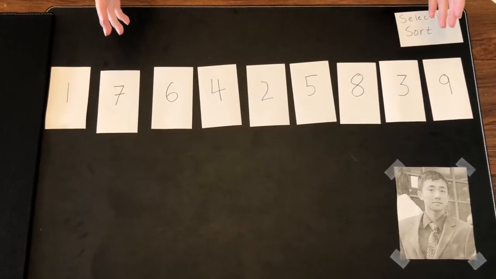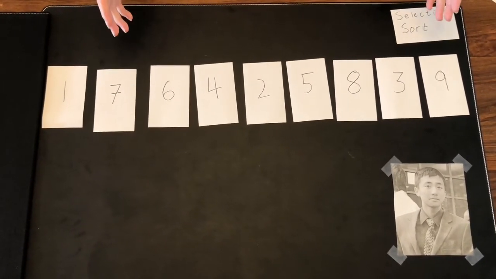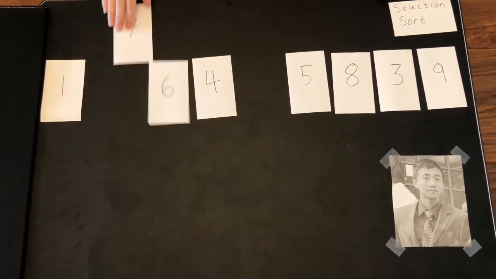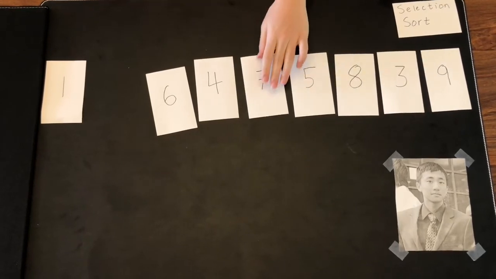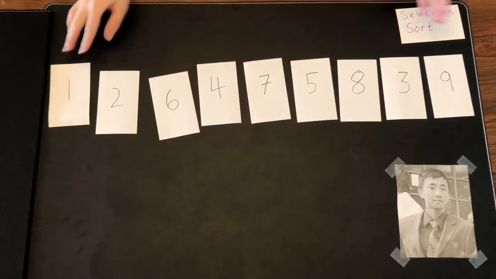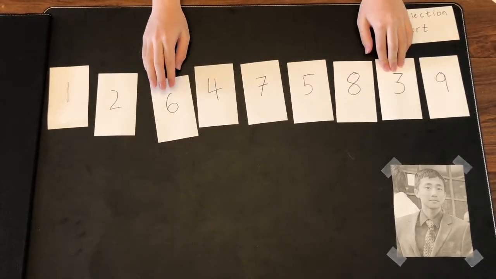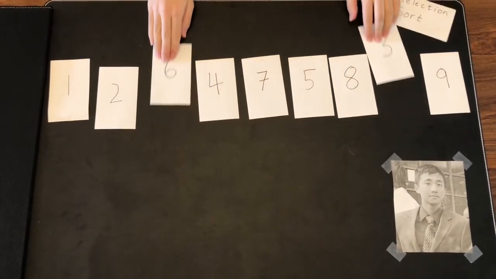So in this case, the minimum element in the unsorted sublist is 2, and we swap it with the leftmost element. So now this becomes sorted, and this is unsorted. Again, we swap the minimum element 3 with the leftmost element 6.